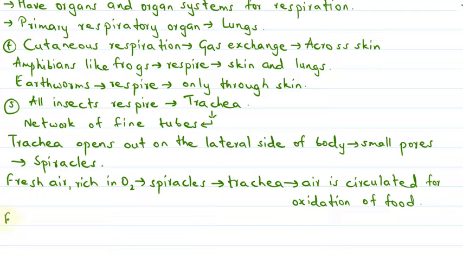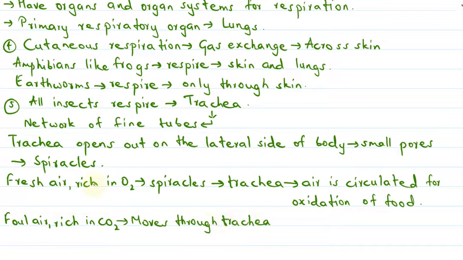Now the foul air which is rich in carbon dioxide first moves through the trachea, okay, because while entering, the air rich in oxygen first entered the spiracles, then the trachea, then it got circulated in the body for oxidation of food.